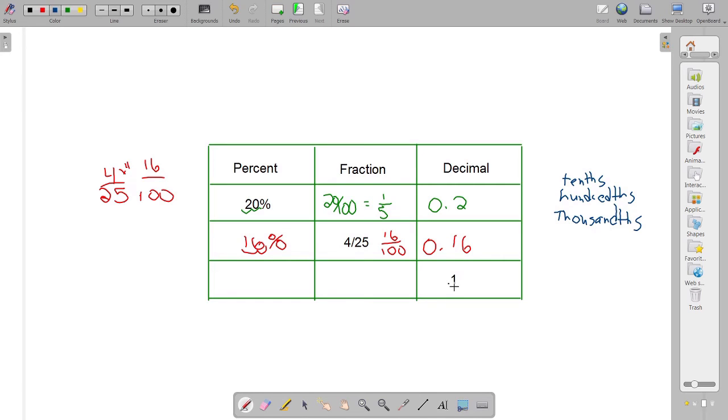The first placeholder to the right of the decimal is your tenths place. The next is your hundredths, and then your thousandths. In this case, we're just looking at this decimal. It's in the tenths place, so this is telling me I have 1 out of 10. So 1/10.